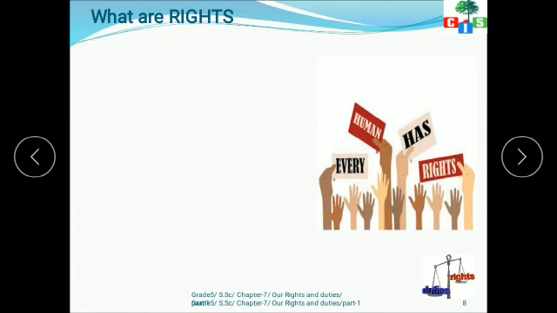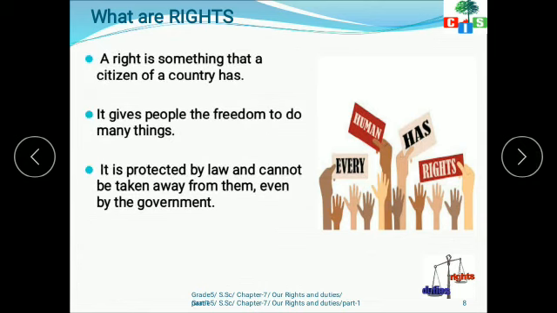A right is something that a citizen of a country has. It gives people the freedom to do many things, and it is protected by law and cannot be taken away from them, even by the government.